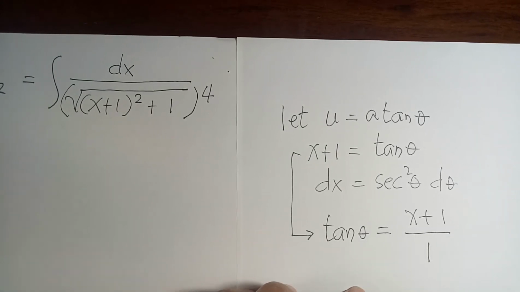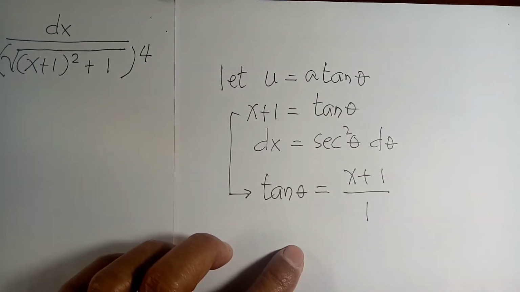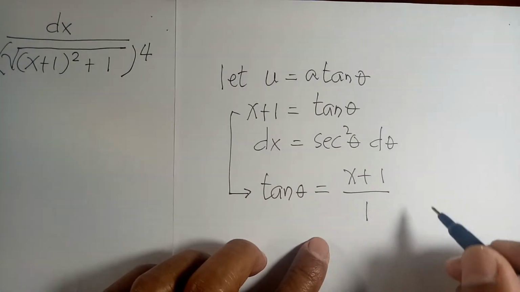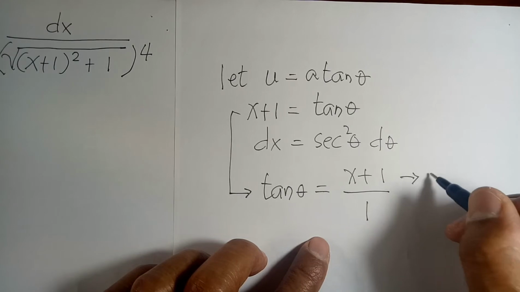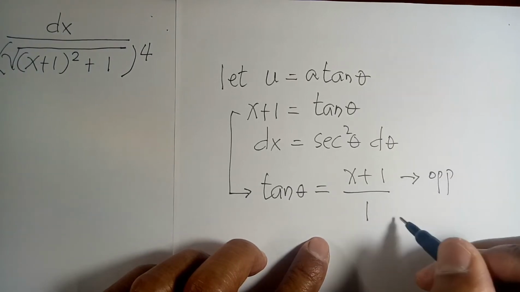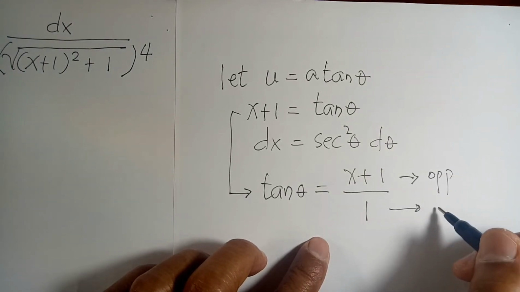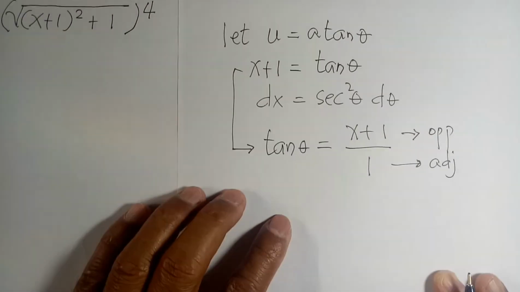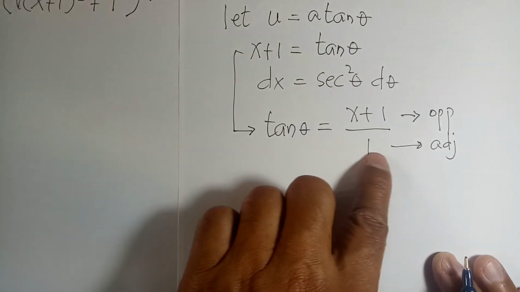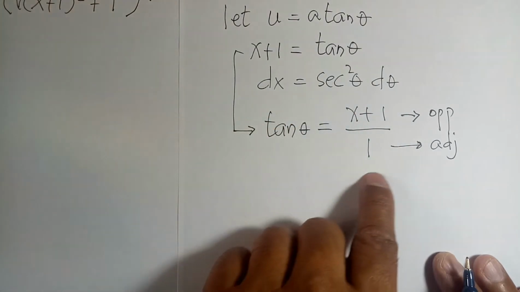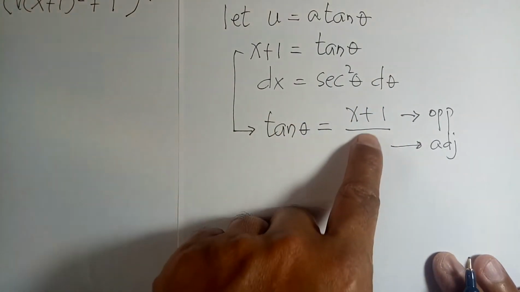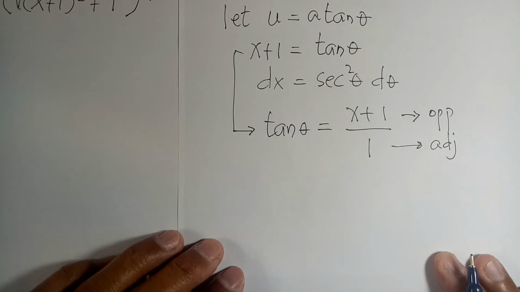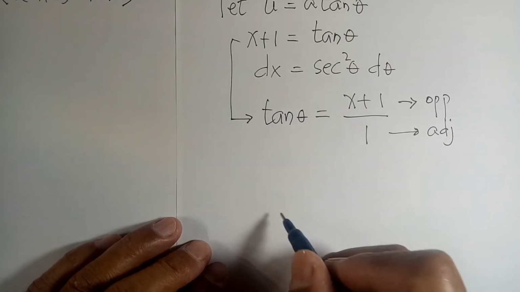And by definition, tangent is opposite divided by the adjacent side. Okay? After that, drawing natin yung right triangle defined by this equation. Tangent theta equals x plus 1 divided by 1. So, drawing natin yung right triangle.